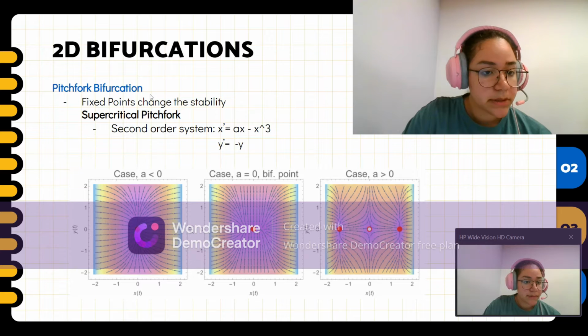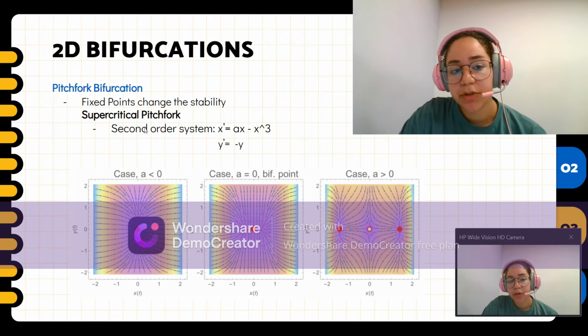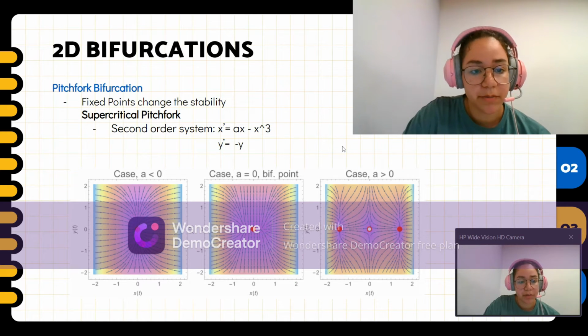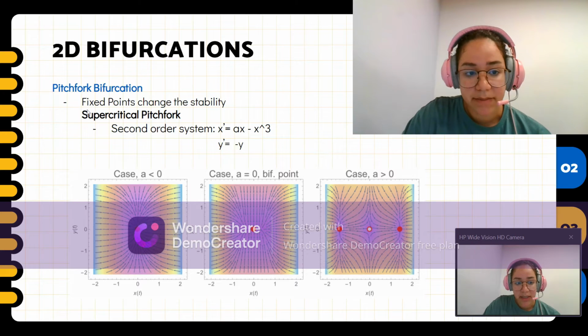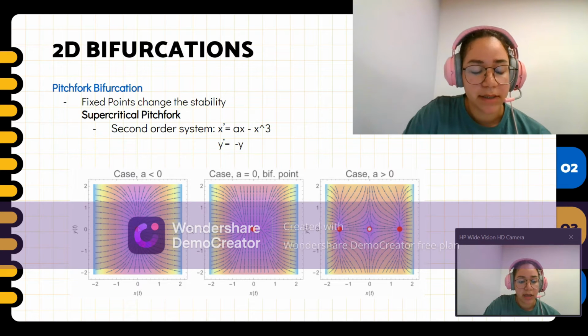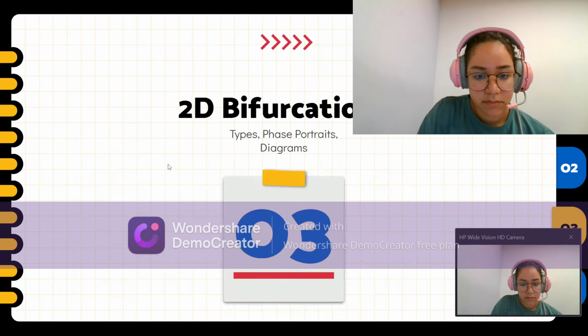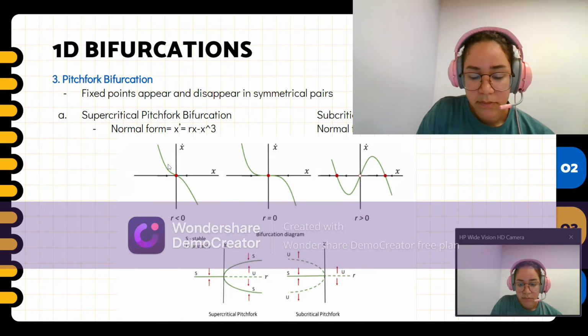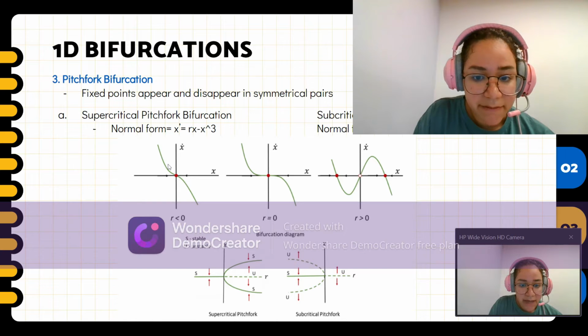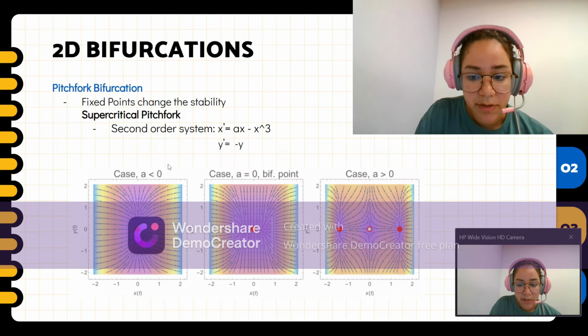Now we go into the pitchfork bifurcation. Again, there's the supercritical pitchfork and the subcritical pitchfork. The fixed points still change their stability. Earlier we saw that they arrive in pairs and then they disappear or they change.